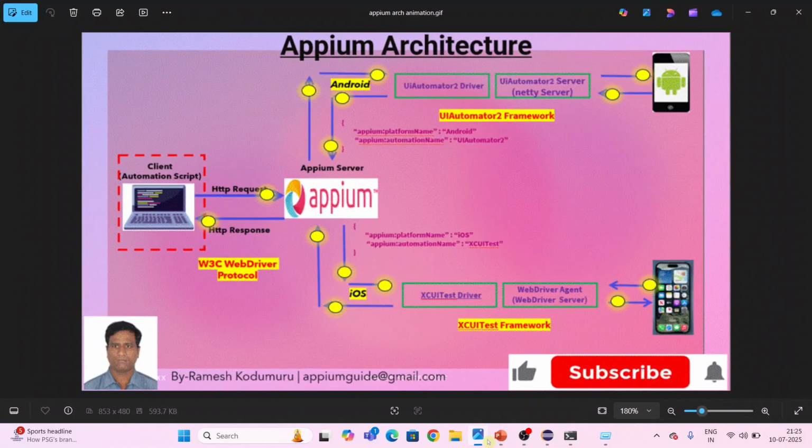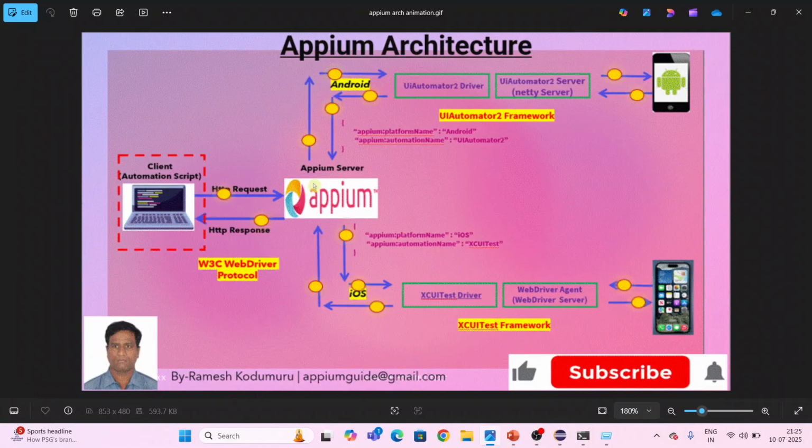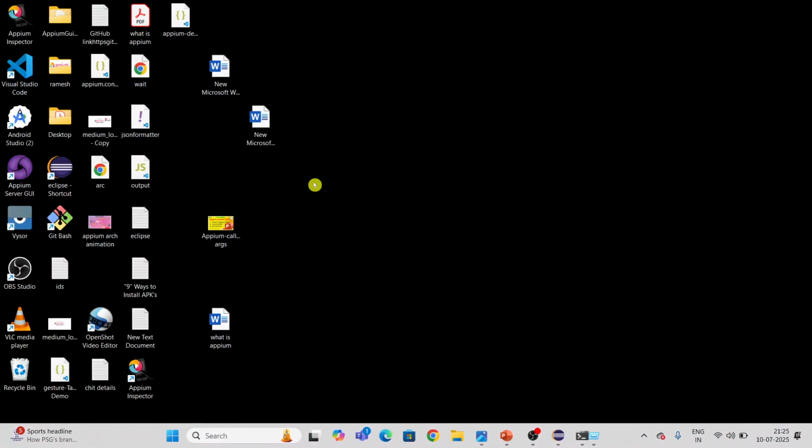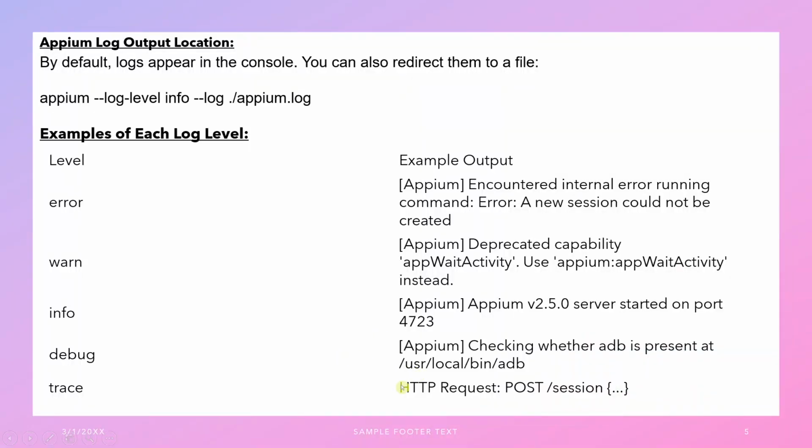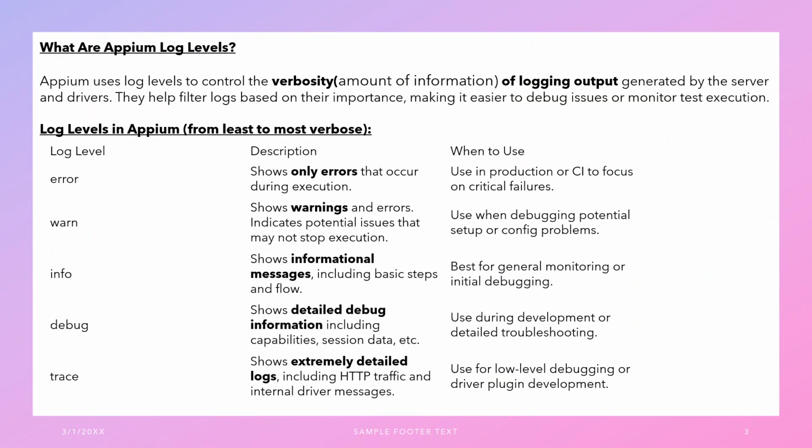When the information is requested from the client to the server, we have the HTTP request, which is one of the trace logs. Going back to the PPT, the example is the HTTP request POST session. This is the example for trace. We use it for low-level debugging or driver plugin development. In that case, we have to use log level trace.